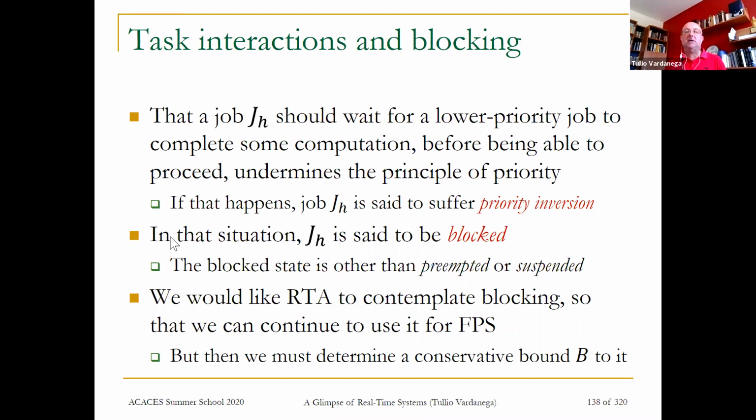The blocking is a duration in which, although you would be allowed to run because of your priority, you would not be allowed to run because of resource sharing. The best of the protocols that we're seeing in sequence allows this blocking to be upper bounded and to be pretty small. And therefore, this is acceptable in real-time systems.